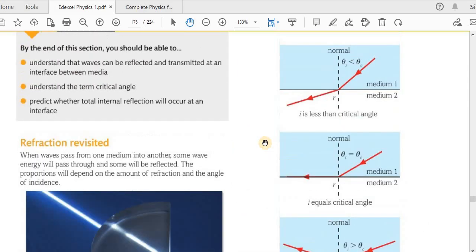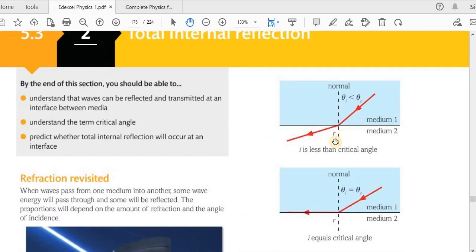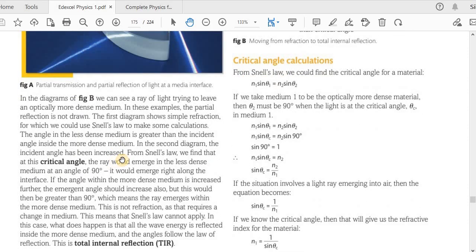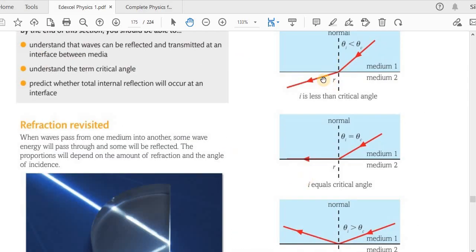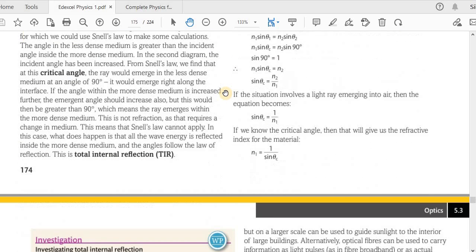So you can see clearly what that means: the angle of refraction is greater than the angle of incidence. That's what this means, because when you go from a denser medium to a rarer medium, the ray bends away from the normal.